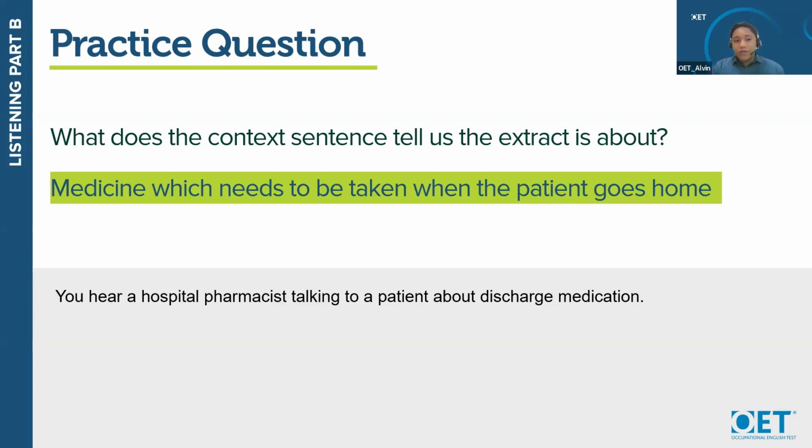For example, the healthcare professional we're talking about is a hospital pharmacist. And we have information about discharge medication. So meaning to say, perhaps we are thinking about medicine which needs to be taken when the patient goes home because it's a discharge medication, right?